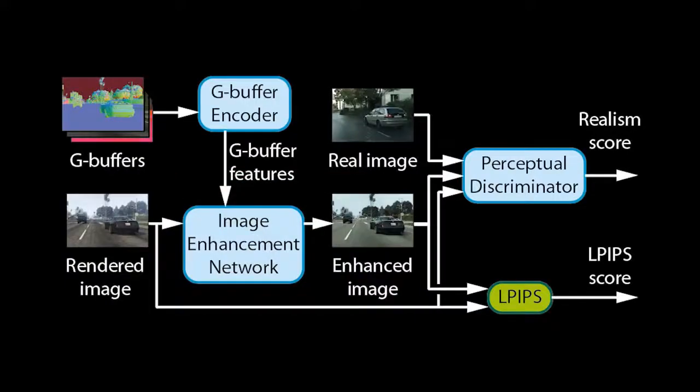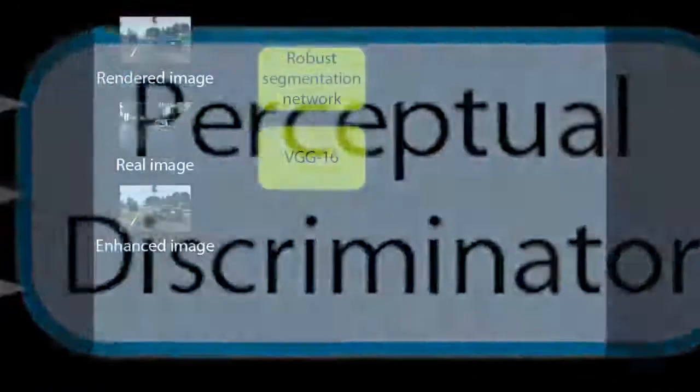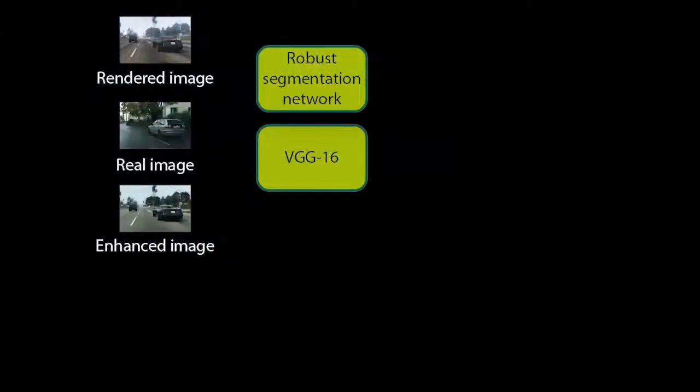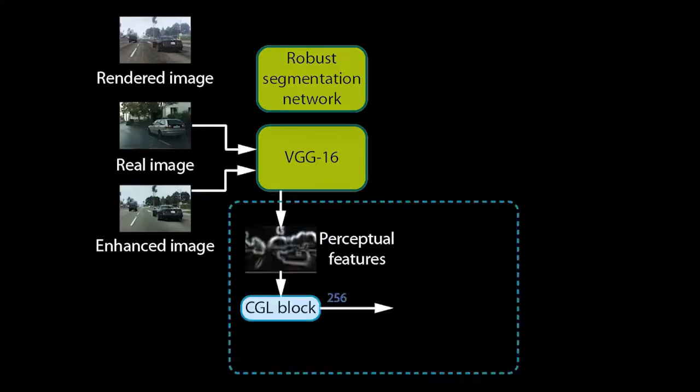Let us now look at how the perceptual discriminator works. The discriminator contains a robust semantic segmentation network and a network for extracting perceptual features, in this case, a VGG-16. We extract features from the VGG at multiple levels and pass them through a convolutional network. This differs from prior work that trains discriminators directly on images.